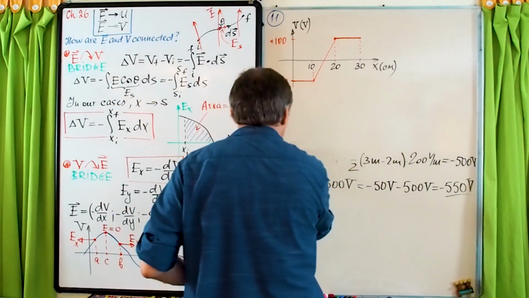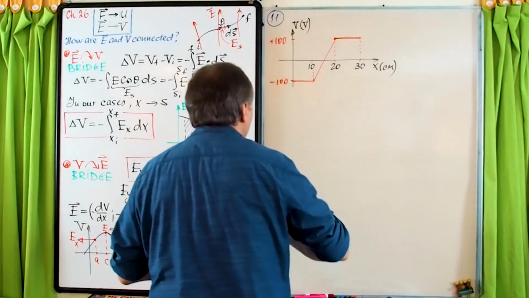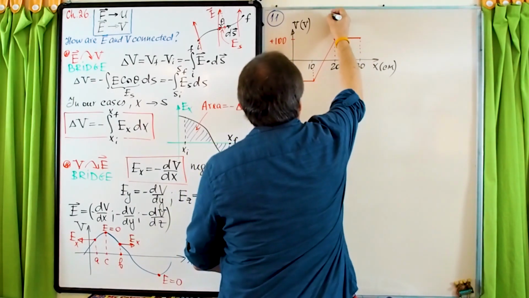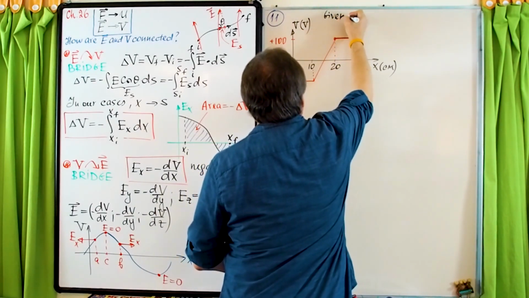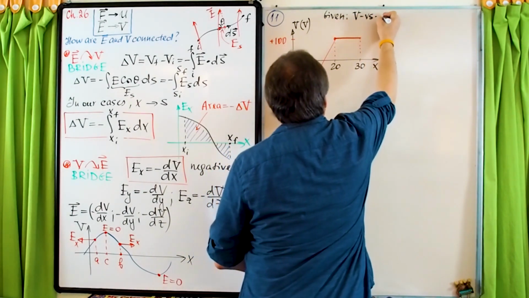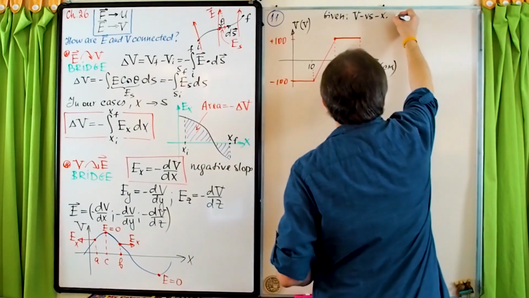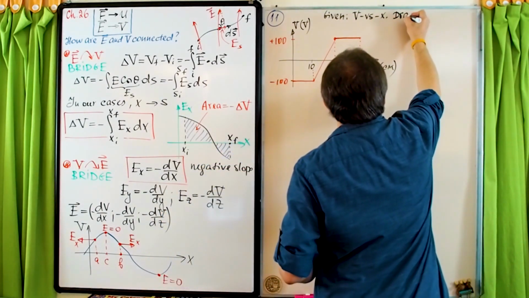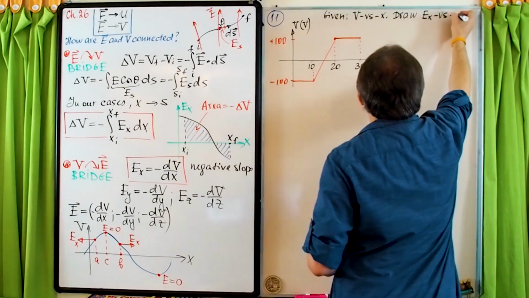Okay, now I can erase this. Right, so what is given? How V changes with x. So what we need to find is to draw E versus x.